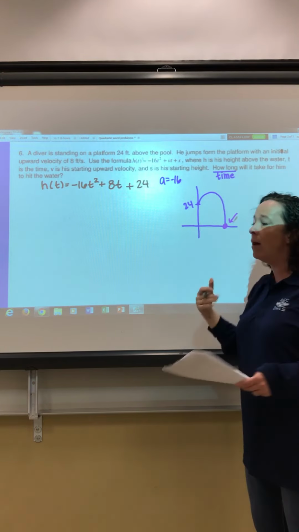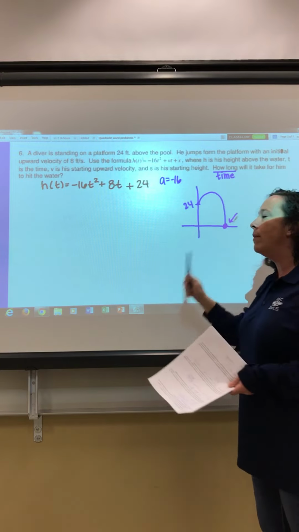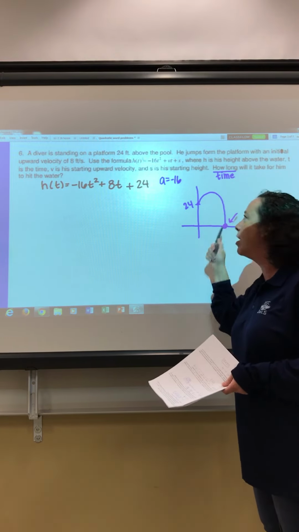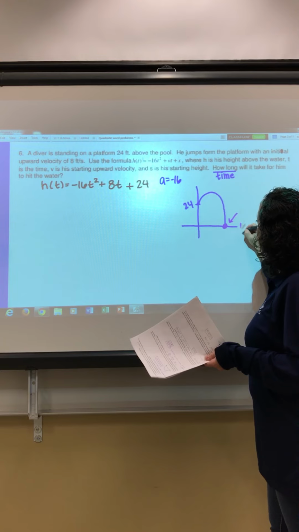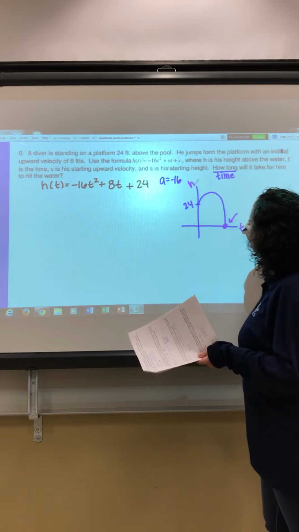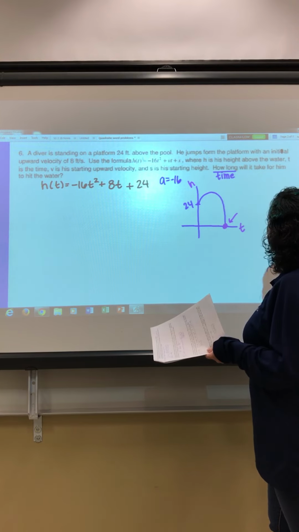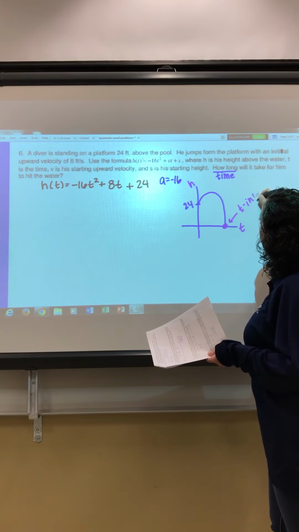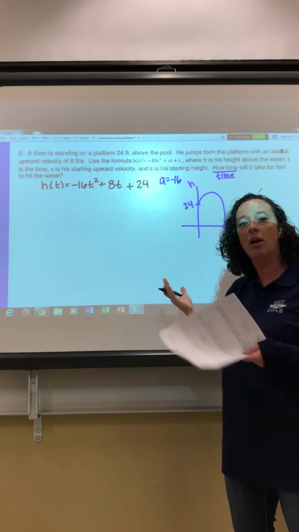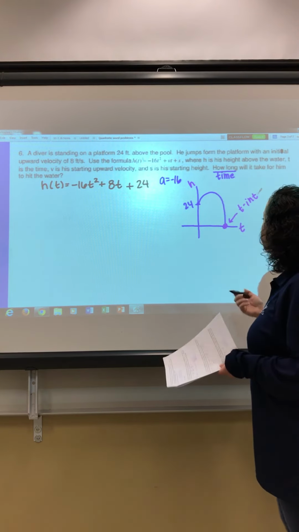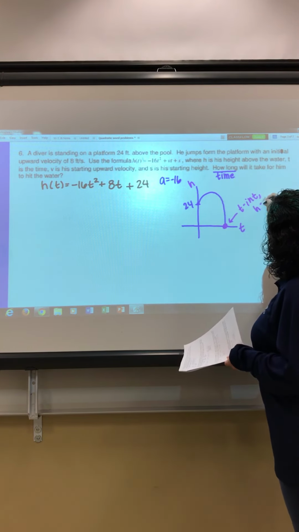So this is a different one from number 5, a different type. We want to know how long it takes to actually hit that water. So what is that? Well, this is the t-axis, this is the h-axis, so this is a t-intercept. A t-intercept, which we're more used to calling an x-intercept, but it's a t-intercept in context of this problem, which means at a t-intercept, you've got h equal to 0.